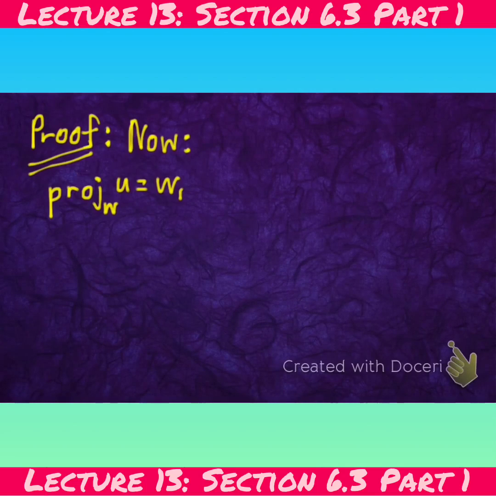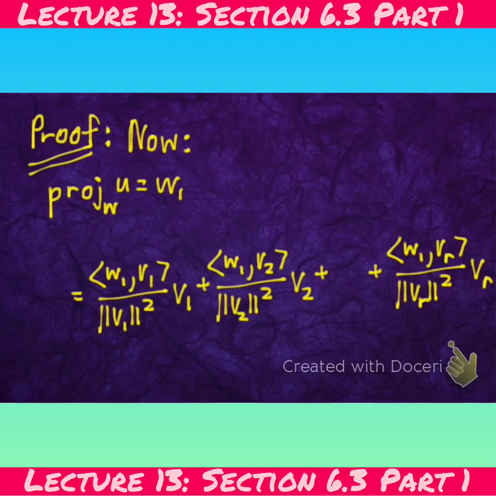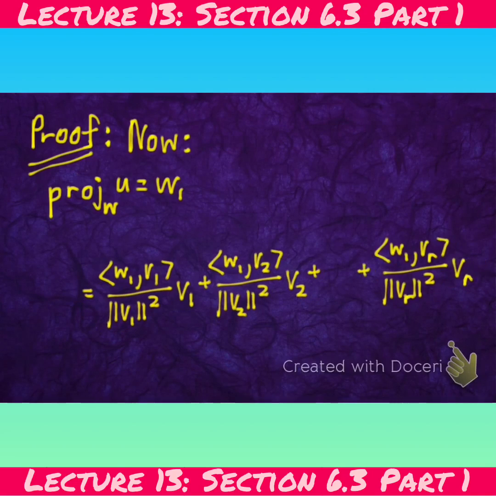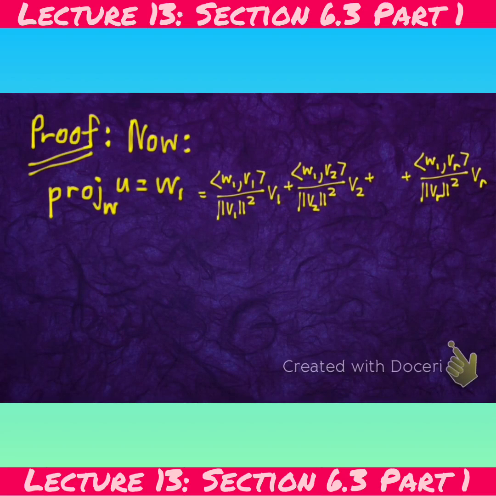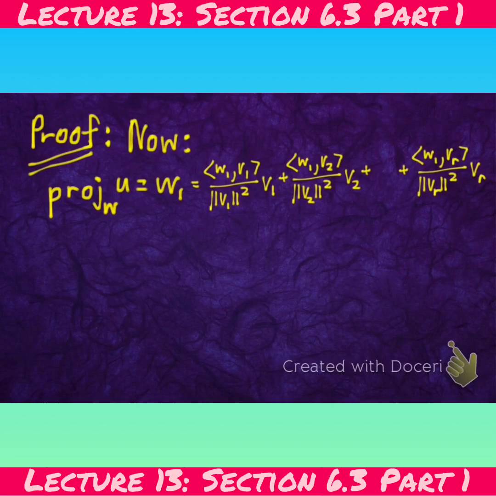In the previous theorem, if you have a set of orthogonal basis vectors, then you can express this vector as a linear combination of these basis vectors, and the linear combination looks like that. And we calculated each one of these coefficients to get our linear combination. So we can express w1 as that linear combination of, as I said, these basis vectors. And remember, the v's are the basis vectors for my subspace W.